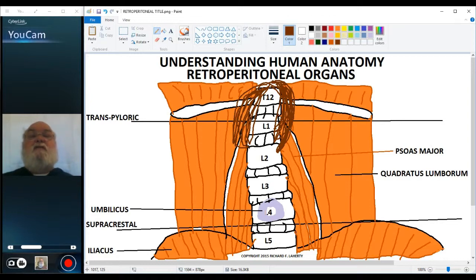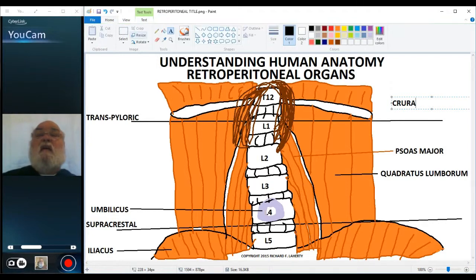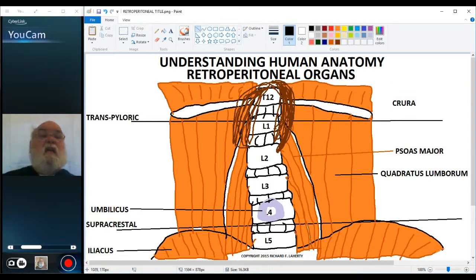But these two structures that I've drawn in are the crura, or the legs of the diaphragm. The crura, and then the diaphragm proper would be right here.